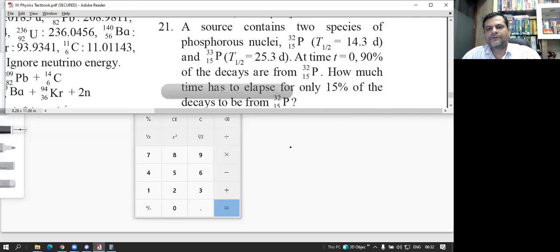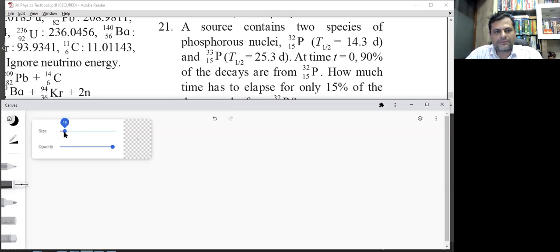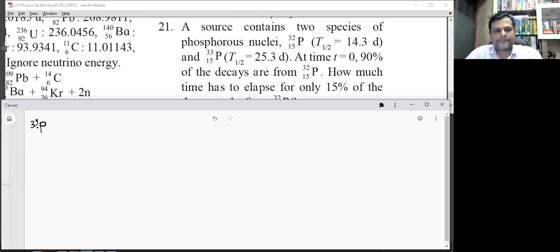The half-life of both is already given. The half-life of the first phosphorus, which we can call P32, is given to be 14.3 days.